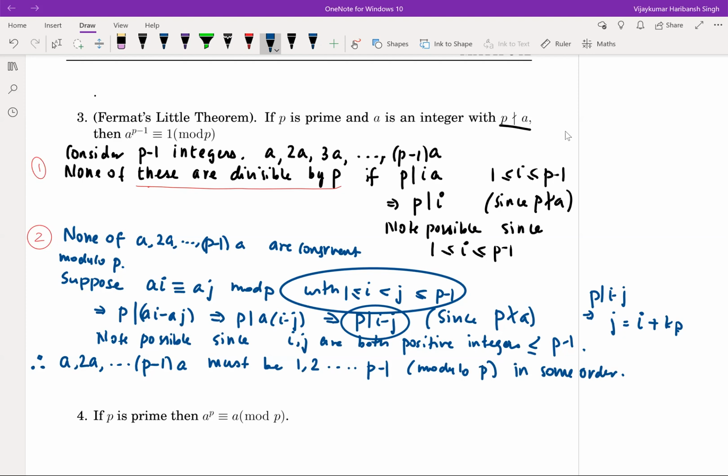So therefore, what do we get? On one hand, when I take a times 2a up to (p minus 1)a, this mod p is going to be congruent to 1, 2, 3, ..., p minus 1.